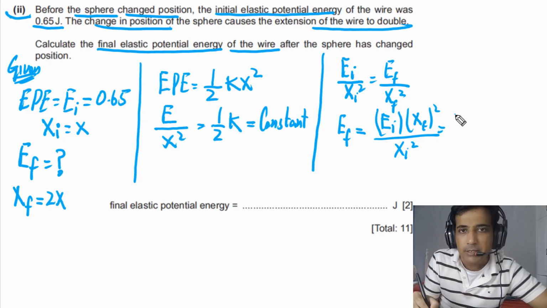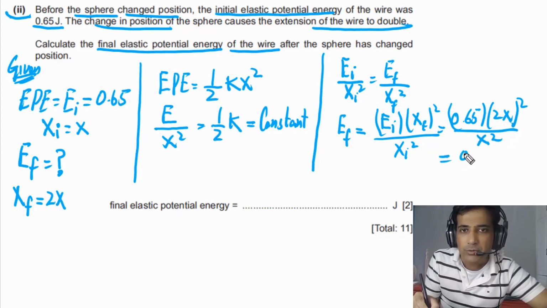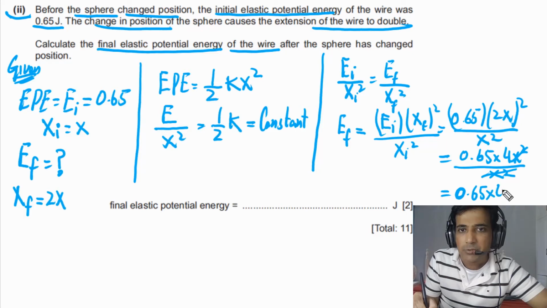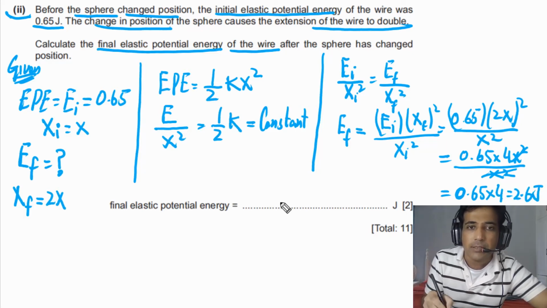E_I is 0.65, X final is 2x, and here we have only x squared. So we have 0.65 times 4x squared divided by x squared. The x squared cancels, and we are left with 0.65 times 4, which is equal to 2.6 joules. This is our final answer.